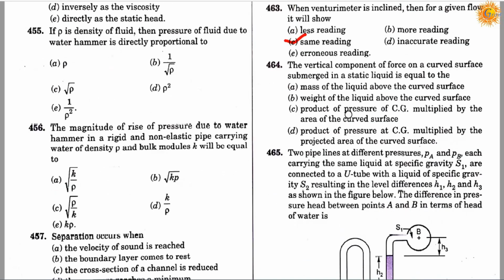Question number 464. The vertical component of force on a curved surface submerged in a static liquid is equal to: option A, mass of the liquid above the curved surface; option B, weight of the liquid above the curved surface; option C, product of pressure at center of gravity multiplied by the area of the curved surface; and option D, product of pressure at the center of gravity multiplied by the projected area of the curved surface.